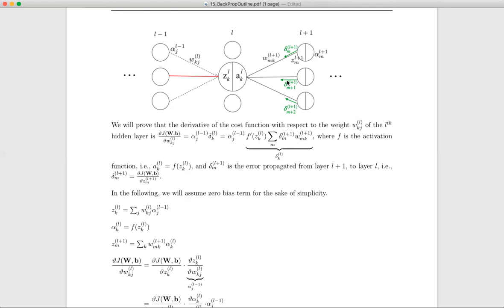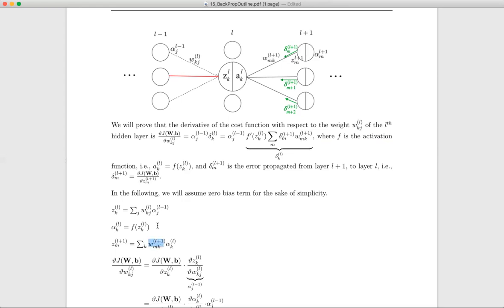Finally, if we want to perform one more forward propagation in order to find the input of the M node at the L+1 hidden layer, we see that this input again is the inner product between all the weights that connect the L with the L+1 hidden layers, multiplied by each of the outputs of the L hidden layer. So essentially it's the sum that runs over K of the weights.